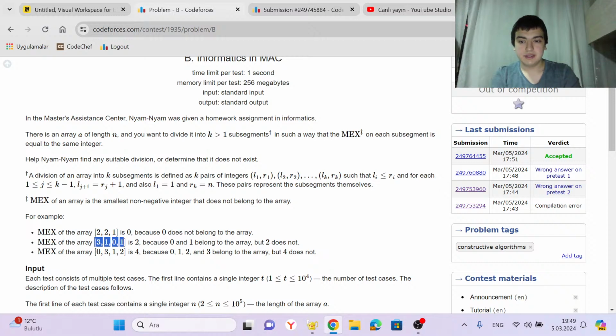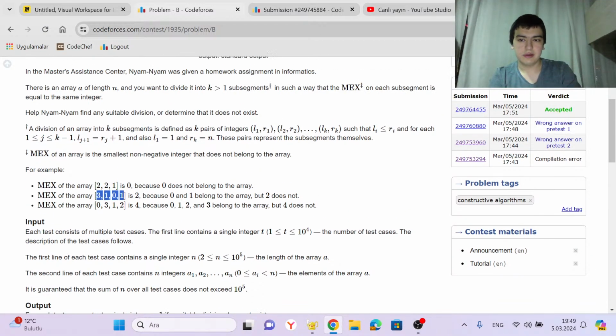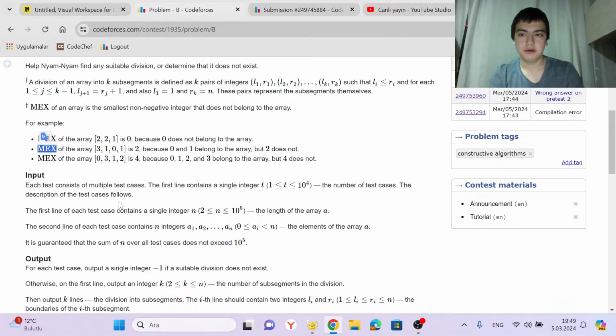Or the max of [3, 1, 0, 1] is 2, because 0 is in the array, 1 is in the array, but 2 is not in the array. So the max of this array is 2. Maximum excluding element, I think, is the long form of this word, but I'm not sure.